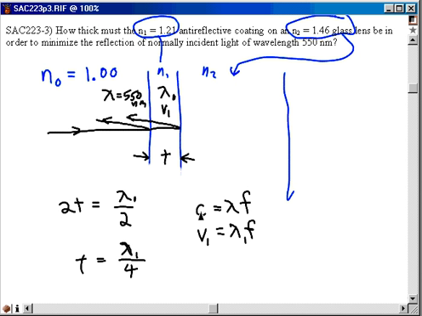Now just divide this first equation by the second one, because what I want is the index of refraction coming out. I get c over v1 on the left. On the right, the f's cancel, and I get lambda over lambda 1. But again, c over v1 by definition is n1.